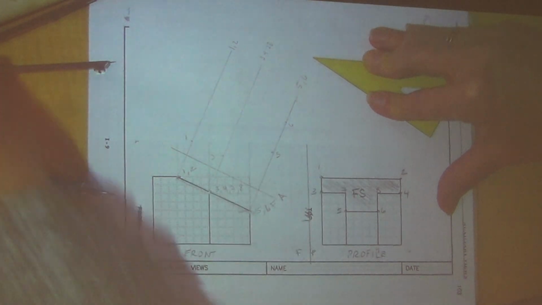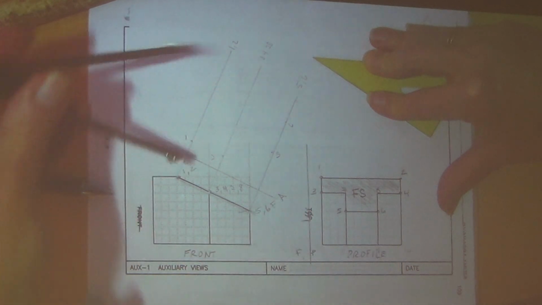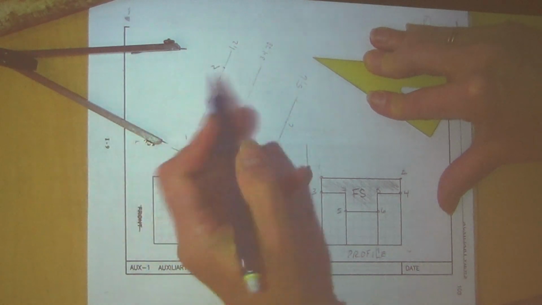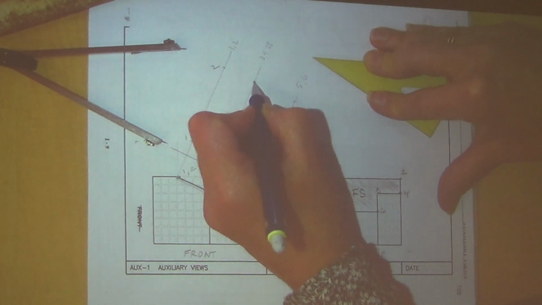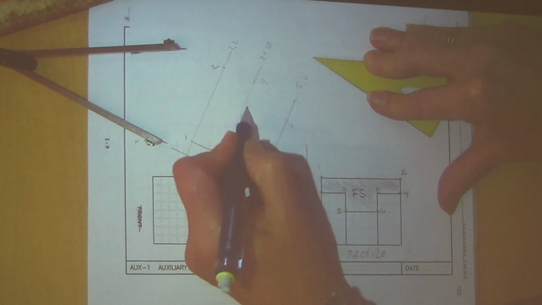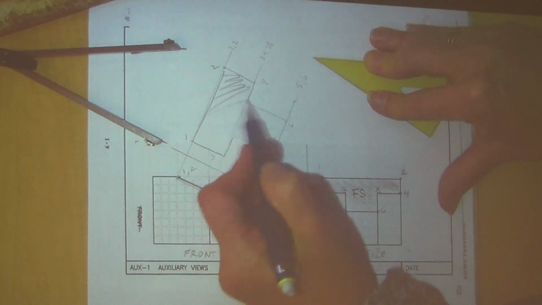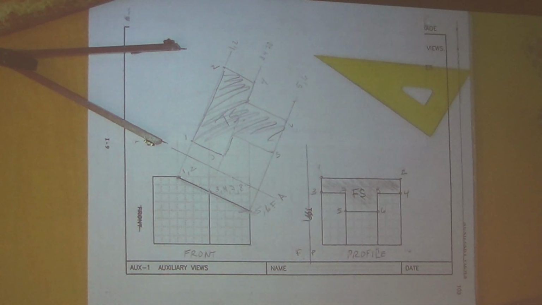Here's 6. From the fold line over, 2. Here's 2, and the same as here, which is 2 and 4, and 4 is along here. This right here is the true size of that inclined surface. It's an auxiliary view.